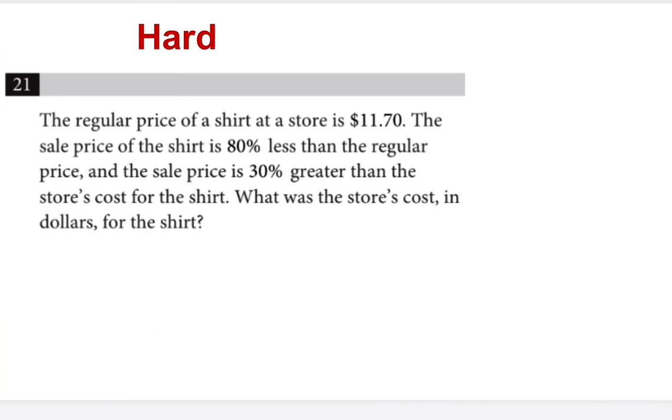Another question here. It says that the regular price of a shirt is 11.70. So we can call it the regular price, RP, is 11.70. The sale price of the shirt is 80% less than. Again, that's our keyword, 80% less than. So on the side here, you can say, well, we had 100% minus 80%.